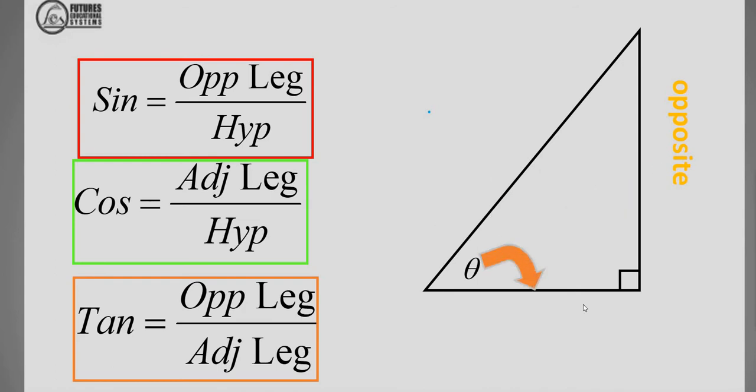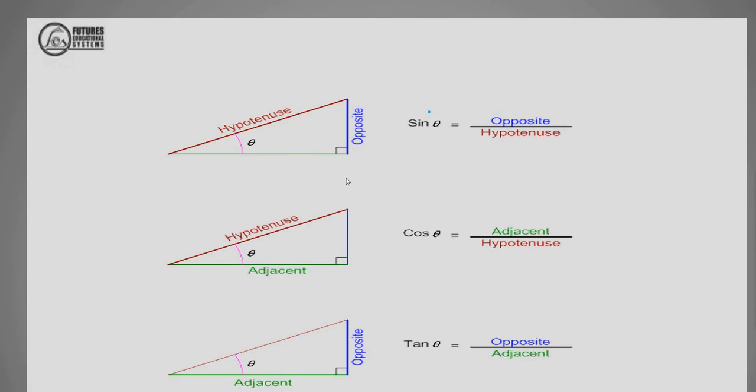But opposite over adjacent gives me tan theta. We deduce sine theta equals opposite over hypotenuse, cosine theta equals adjacent over hypotenuse, but tan theta equals opposite over adjacent.